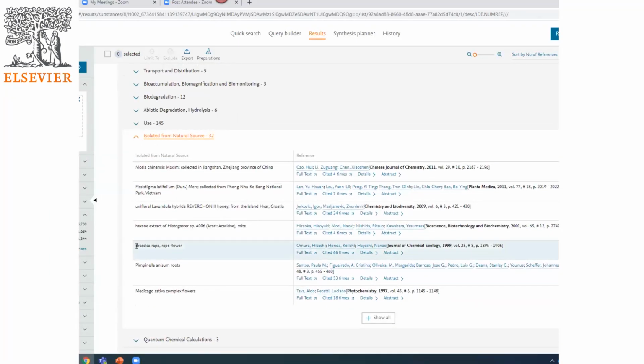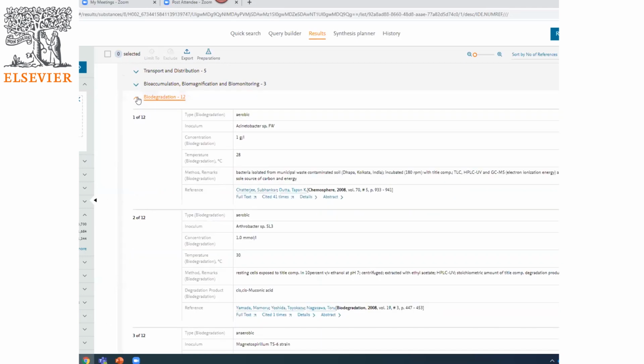So from which natural sources you can find benzaldehyde. For example, Brassica rapa ripe flower, interesting. Or biodegradation. As you see, biodegradation is very detailed. So you can see the type of biodegradation, inoculum, concentration, temperature, and method.